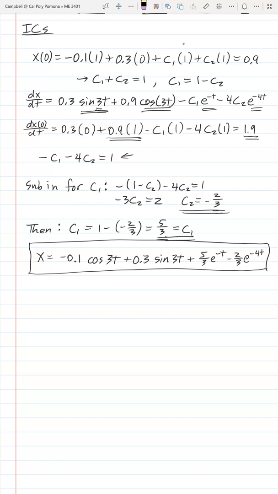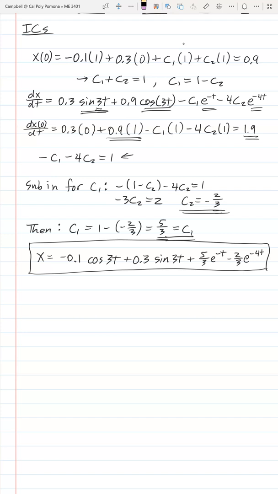That is the most general, capturing what's going on with the forcing function, capturing what's going on with the underlying behavior of the system, forcing function coming from the particular solution, underlying nature of the system response coming from the homogeneous solution. And then you solve for your initial conditions or boundary conditions that make everything work.